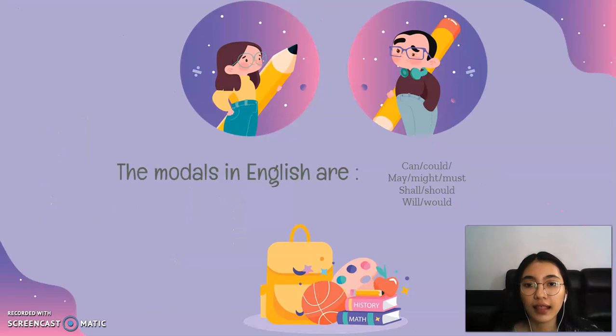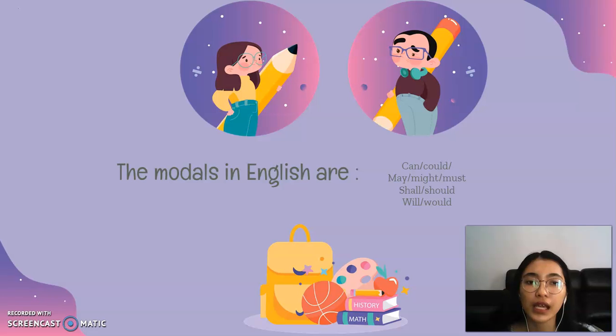And these are the modals in English. So we have 9 modals that we must remember. We can remember them in an easy way. The tip is that the modals in English are contained in 2C, 3M, 2S, and 2W.